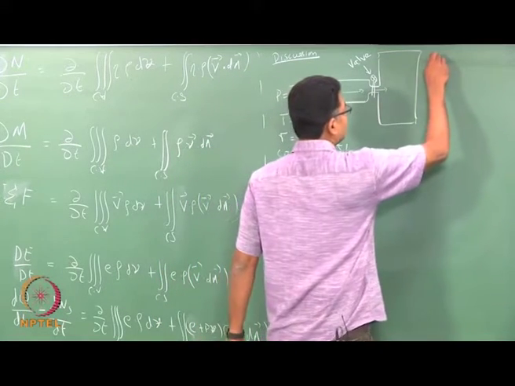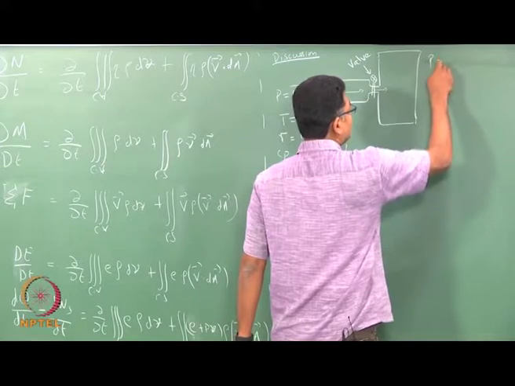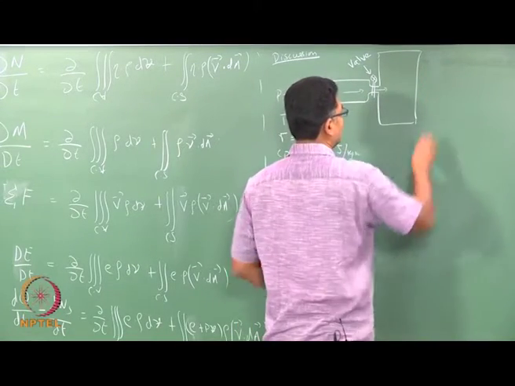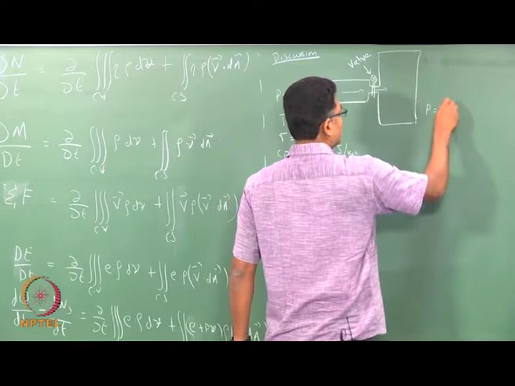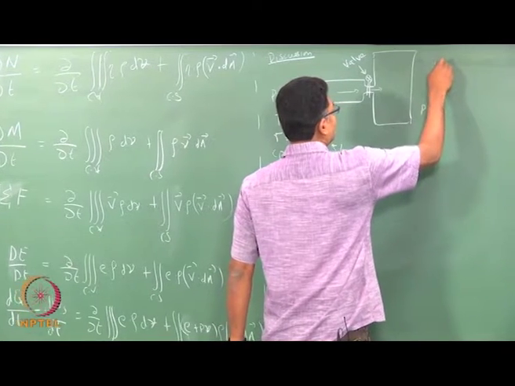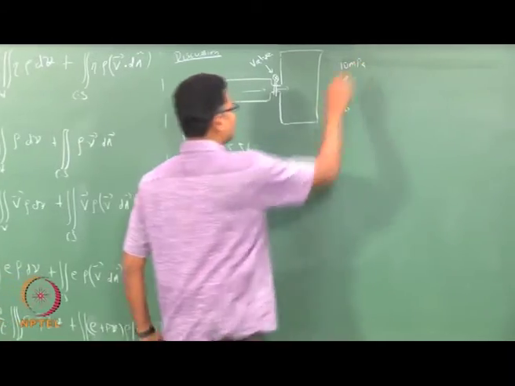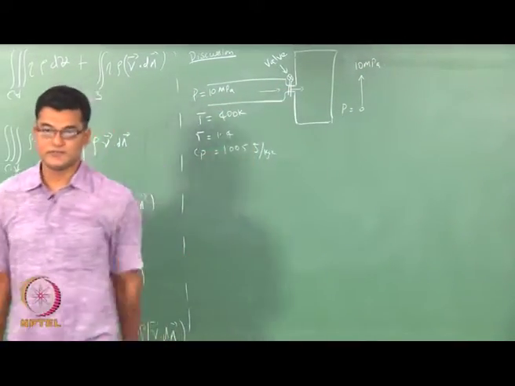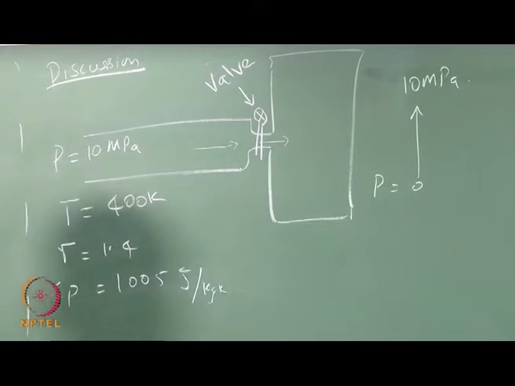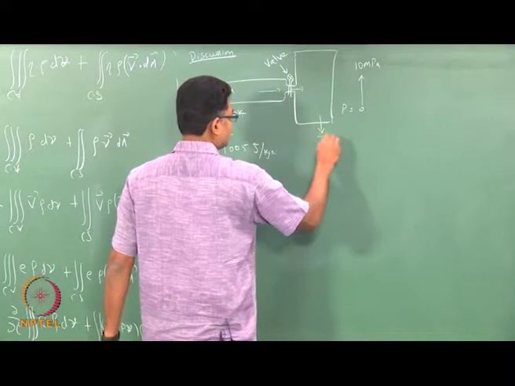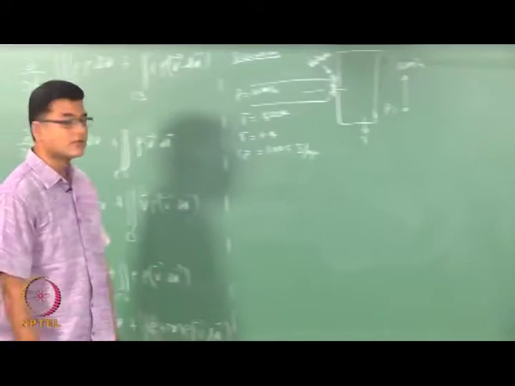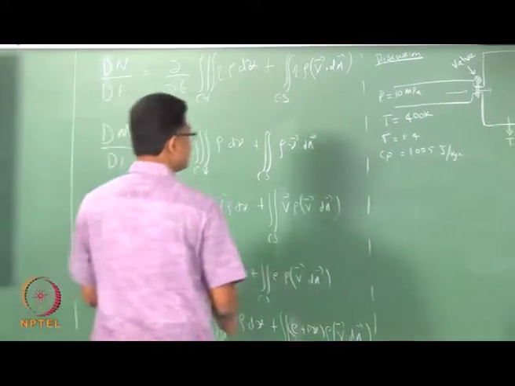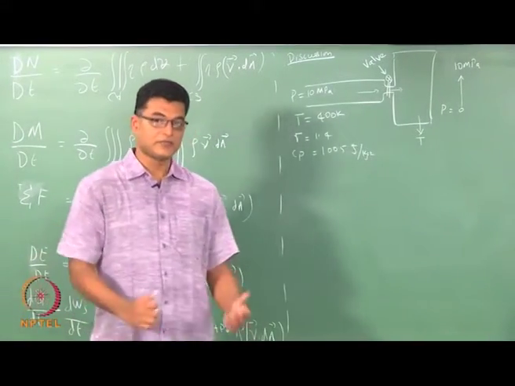So, the pressure moves from 0 to 10 megapascal. When it reaches 10 megapascal, the valve automatically closes. So, what would be the temperature inside? How do we apply this equation to this problem?